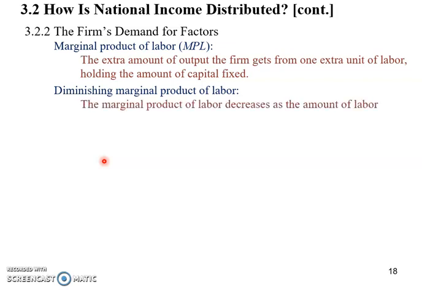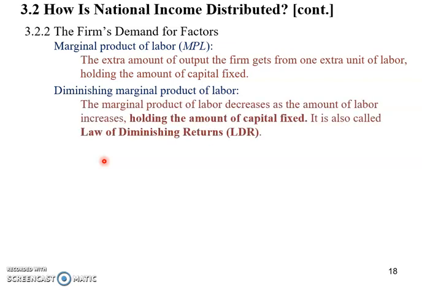This means the marginal product of labor decreases as the amount of labor increases, holding the amount of capital fixed. It is also called the law of diminishing returns, LDR.